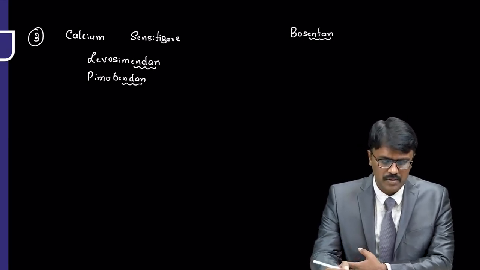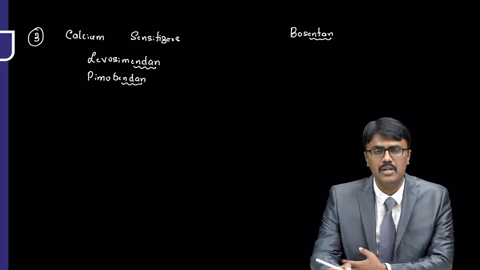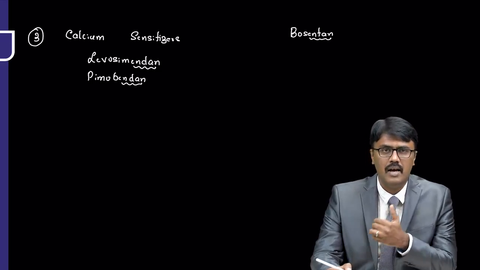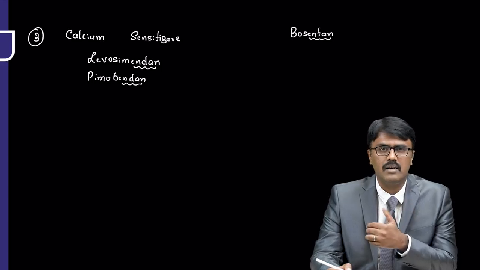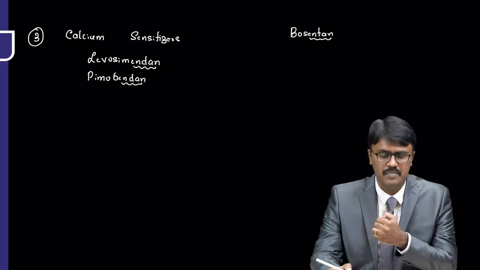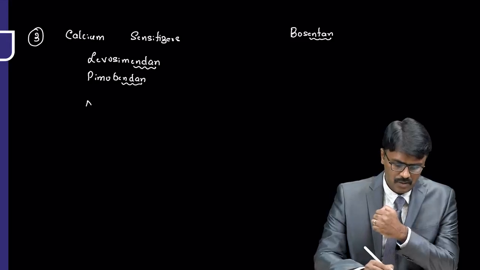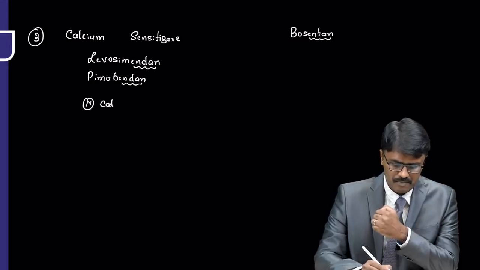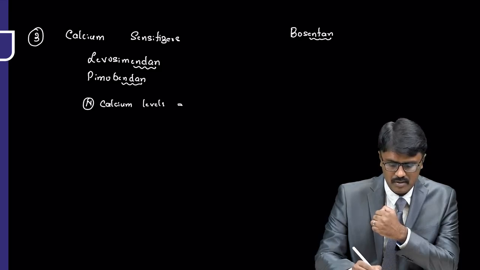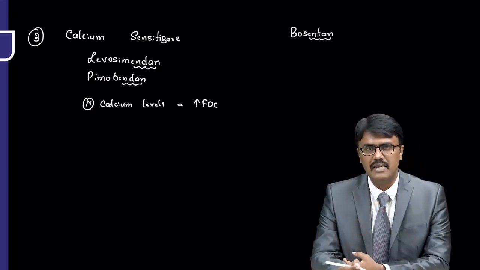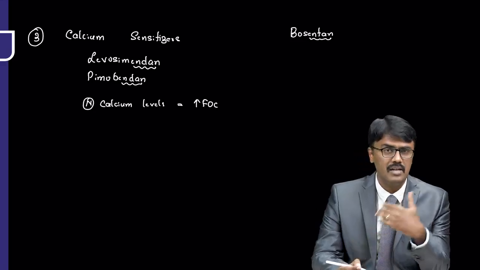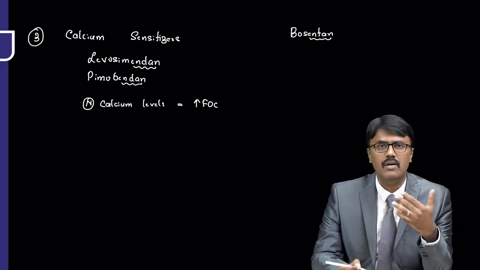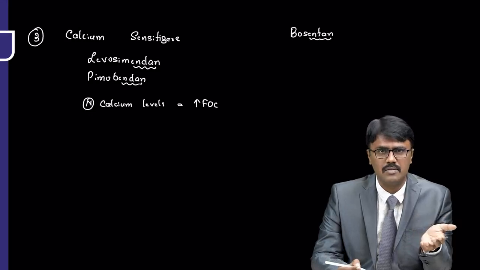Now these drugs, levosimendan and pimobendan, bind to troponin C and attract calcium to bind and increase the force of contraction. They do this with the normal calcium levels only. They will not increase more calcium and they will not increase force of contraction like digoxin.